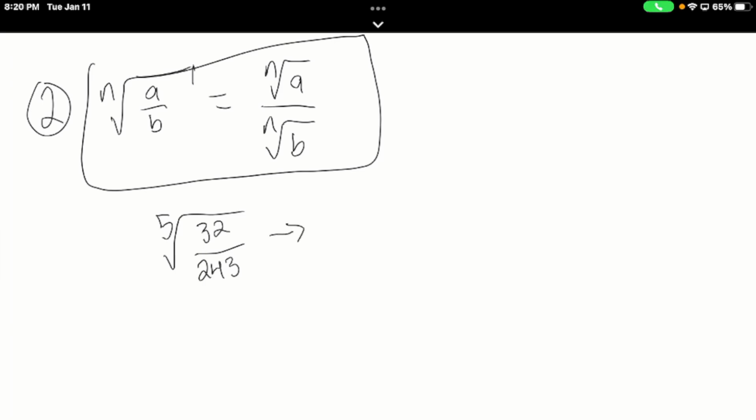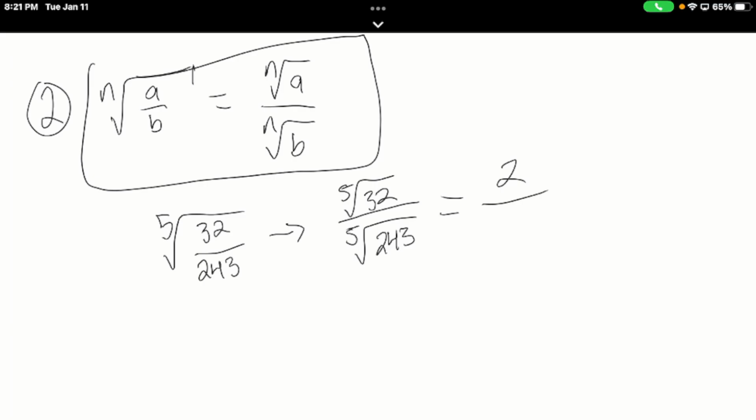So by applying my property, I can take the fifth root of the top and the fifth root of the bottom and break it up into two separate things. So I got the fifth root of 32 on top, the fifth root of 243 on the bottom. The top simplifies down to something very nice. I want a number that I multiply by itself 5 times to get 32. That just so happens to be 2.